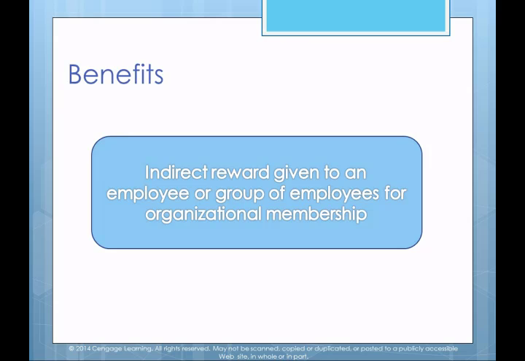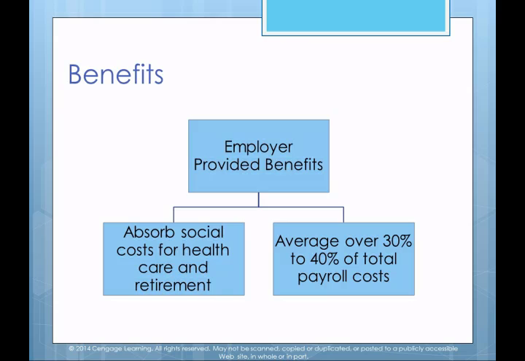So what are benefits? It's an indirect reward given to an employee or group of employees for organizational membership. And there are employer-provided benefits. The average is about 30 to 40% of the total payroll costs, and actually in union organizations or in utility industries, they can be over 70% of the payroll.